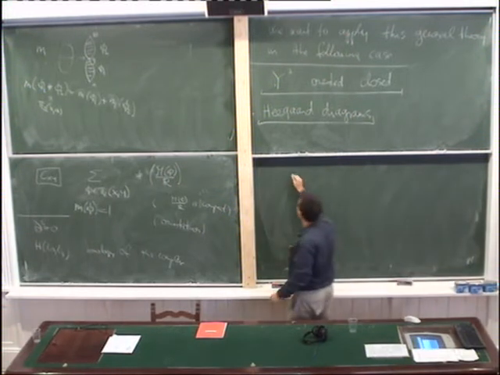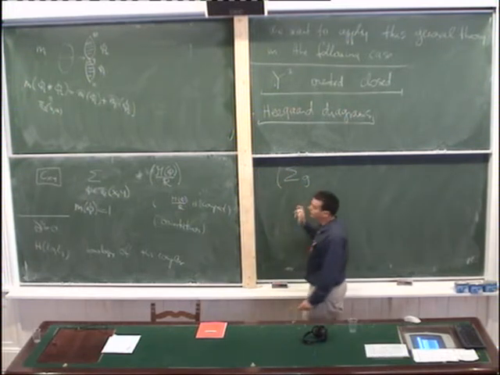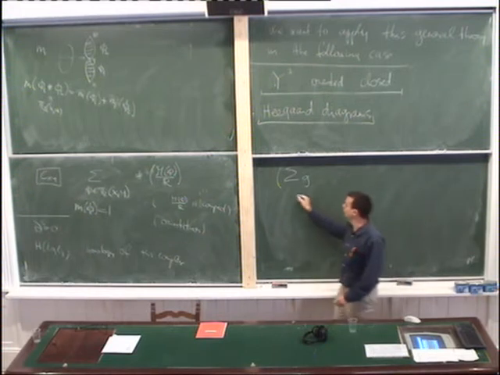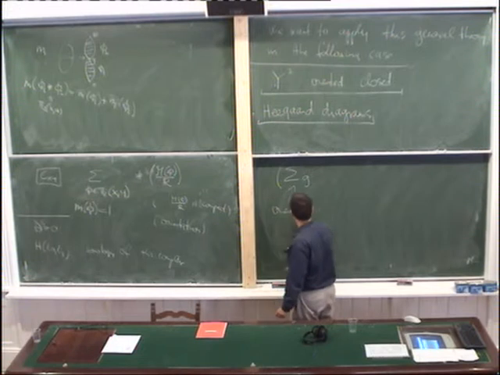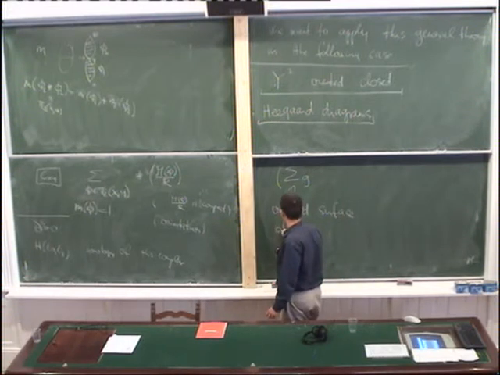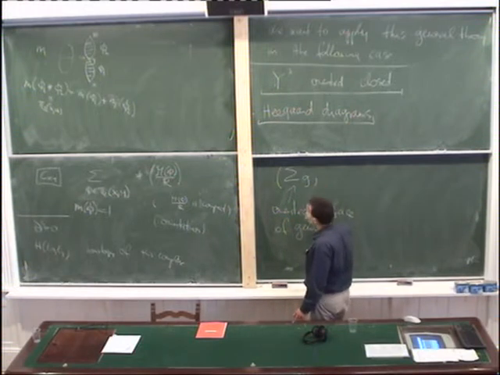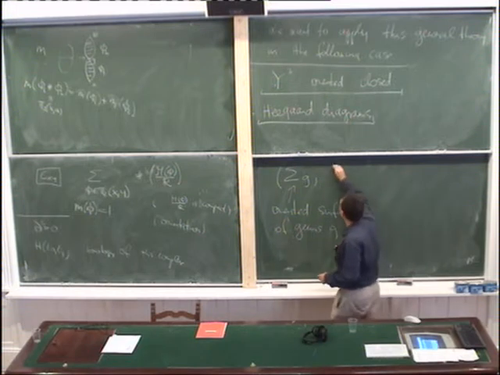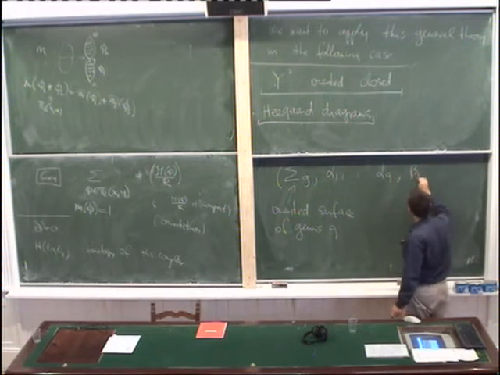So what is a Heegaard diagram? We'll need an oriented surface with genus g, and inside we will need some simple closed curves, g of them, and another set of simple closed curves, again g of them.